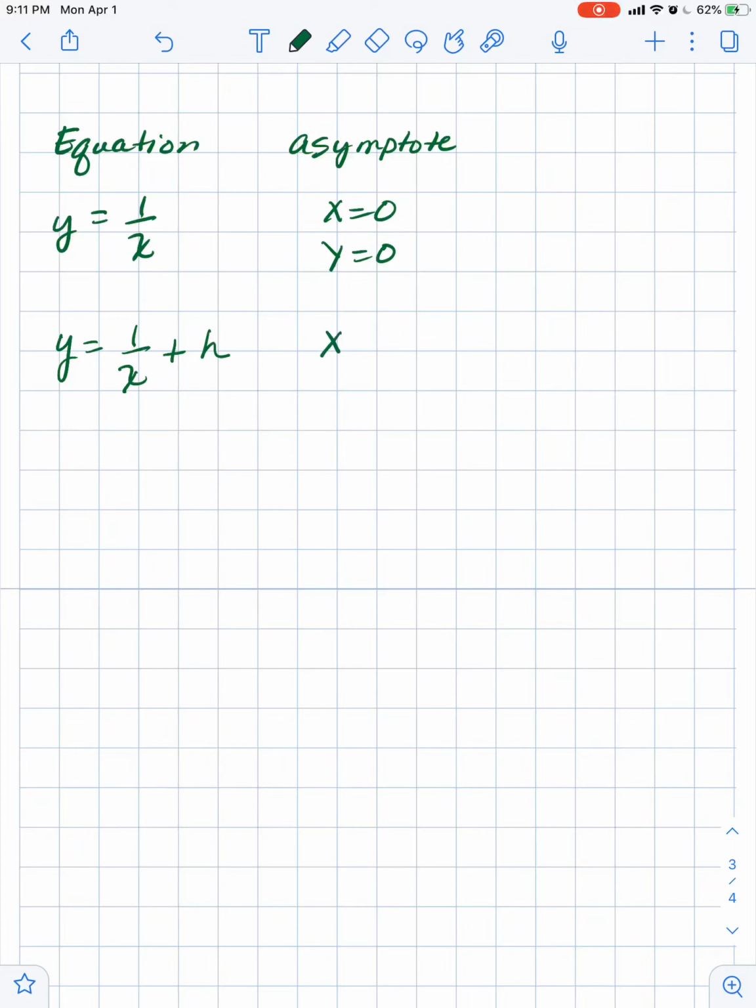That means my asymptote is going to be at x equals 0, and the other one would be at y equals h. Now if h is positive, it's going to move it up. If h is negative, it moves it down. Okay, and we could write that in there. If h is greater than 0, it's going to move my graph up. If h is less than 0, it moves it down.